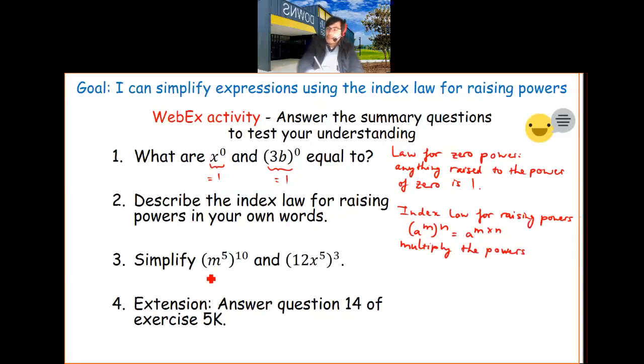All right, so let's try to apply this. First we have m to the power 5 in brackets, all raised to the power of 10. Can anyone tell me what we have to do next, please? I'll give you guys about a minute to think about it.